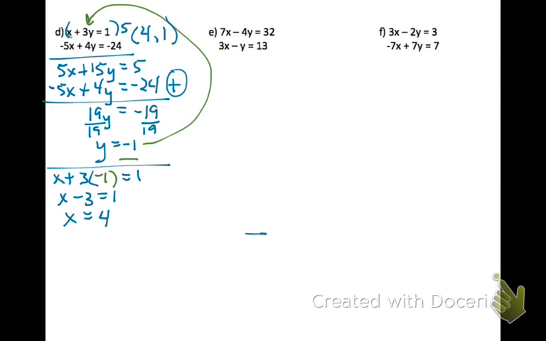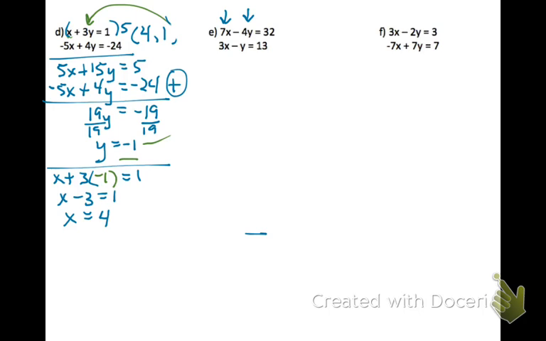All right, now let's look at this second system. I'm going to give myself a little space. So I look at my X coefficients. I notice these numbers are different. I look at my Y coefficients. They are also different. And ask myself, what could I multiply one or both equations by to get opposites?